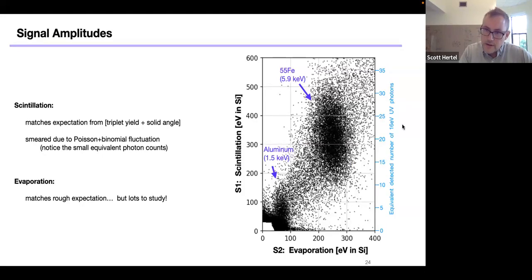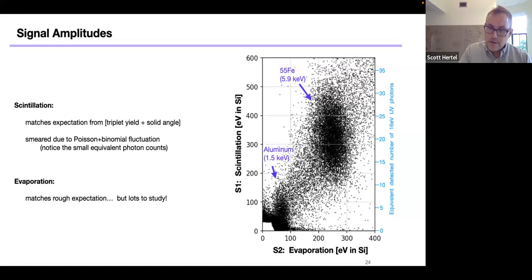So over here, if you just divide by 16 eV, you can get the equivalent rough number of detected UV photons on the scintillation side. So you can see we're at the 10, 20, 30 scale here. That's the number of photons we're detecting in the scintillation signal. And our threshold is something like 2 photons, roughly.